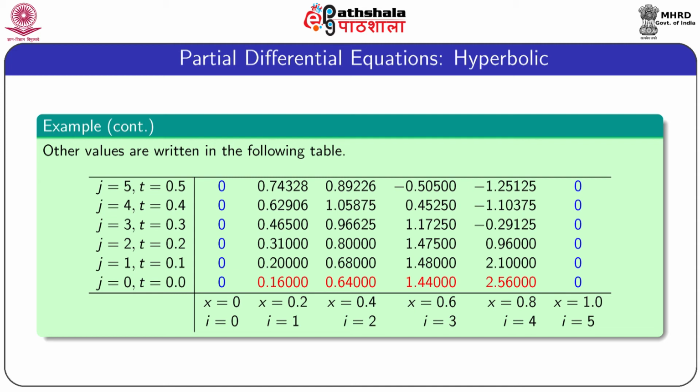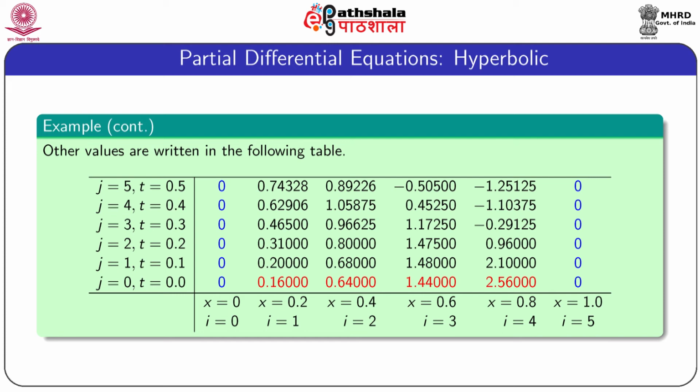All other values of u are tabulated in the following table. So this table gives the values of u for different values of x and t. The first blue column represents the left boundary values, the right blue column represents the right boundary values, and the red values represent the initial values, and the other values are in black color.